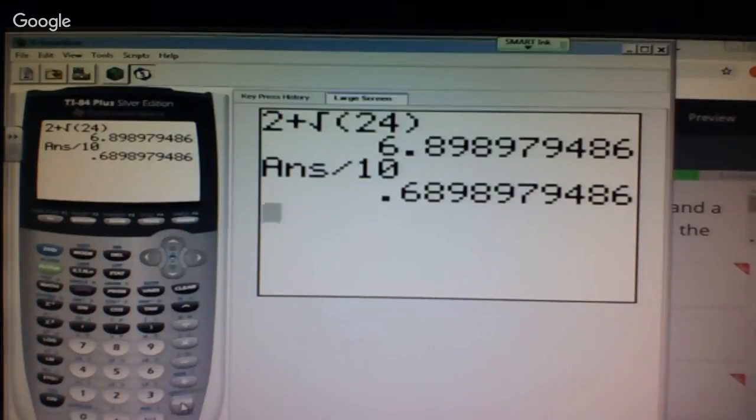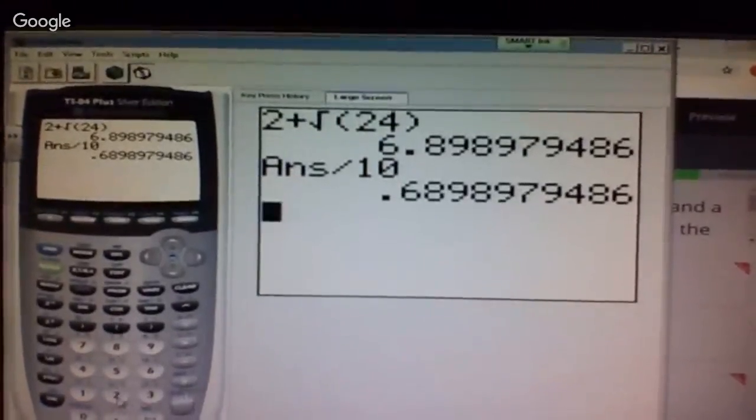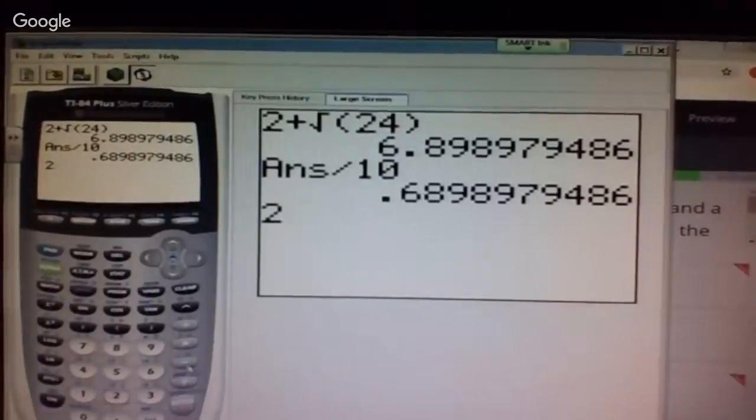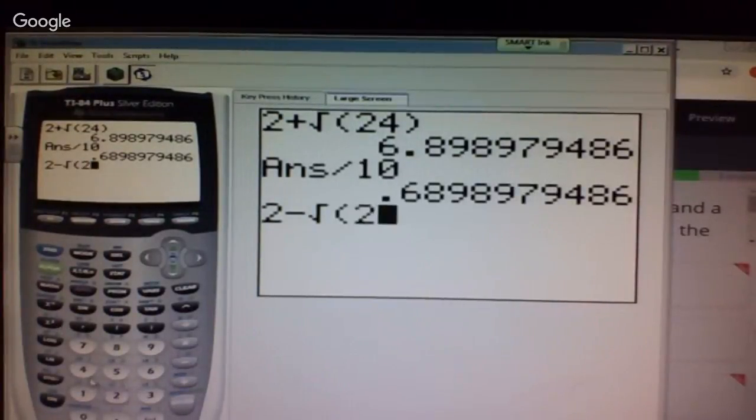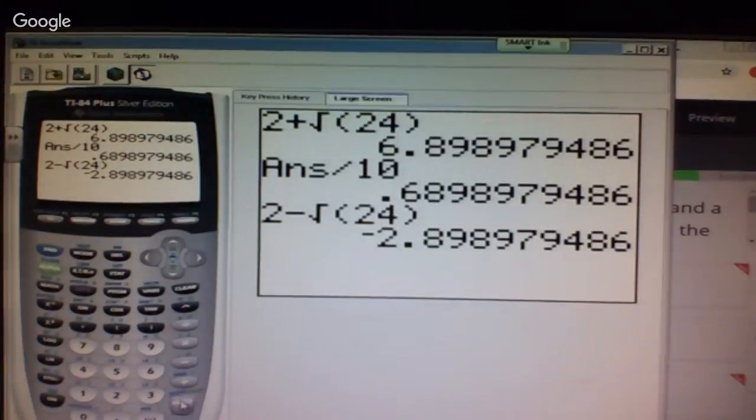Okay, so your first answer should be 0.69. Okay, and again, you've got to go back and do that for the second one. So this time we've got second minus, and you plug in the square root of 24. Again, hit equals first.